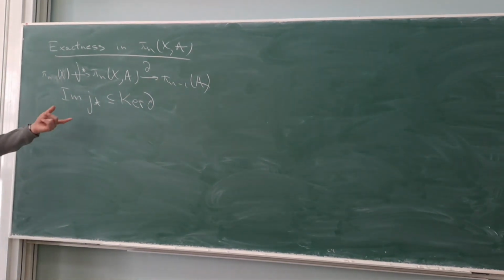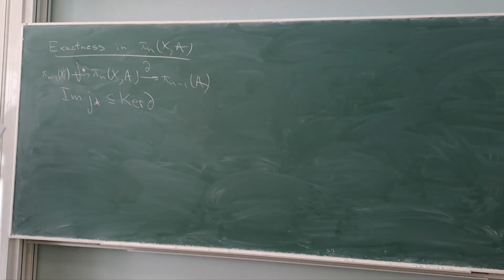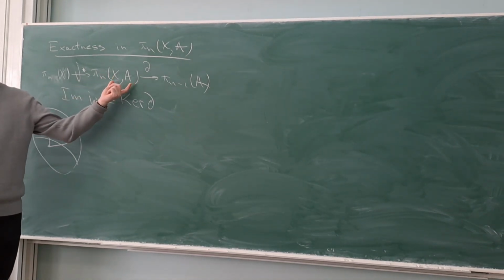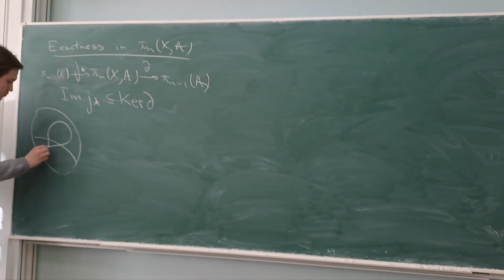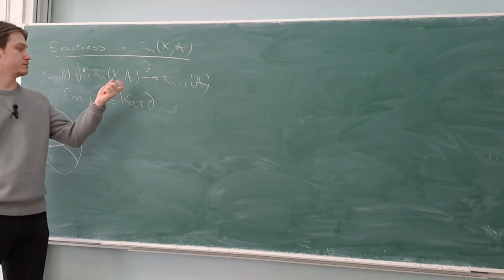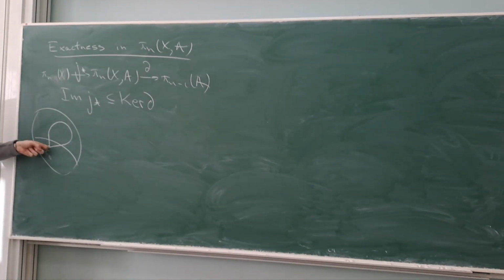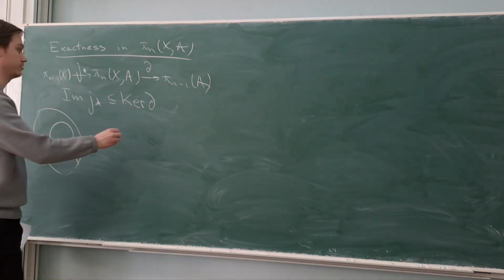This inclusion is really obvious. You have some spheroid in X. Then you look at this spheroid as a relative spheroid, but it just maps the boundary of the disk to your base point. Then you restrict your attention to this sphere part, but this is just a map to X0. The whole sphere maps to X0, so it's obvious.